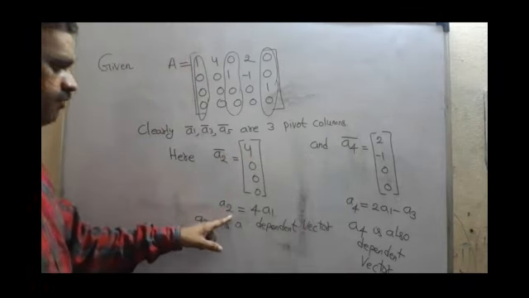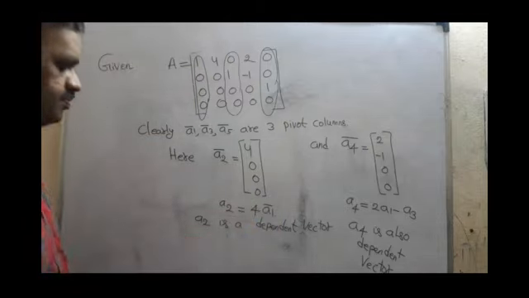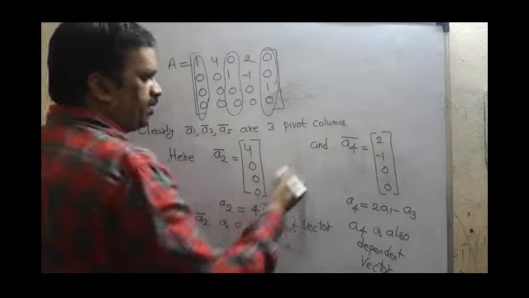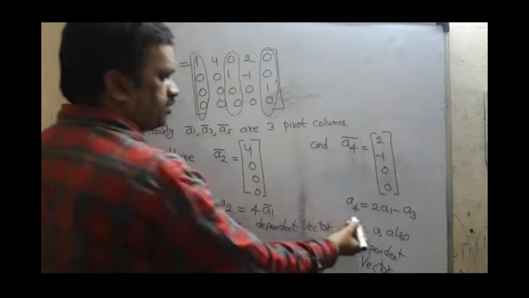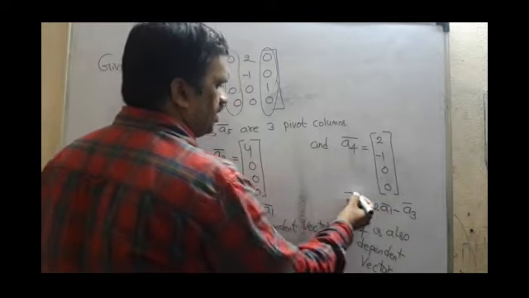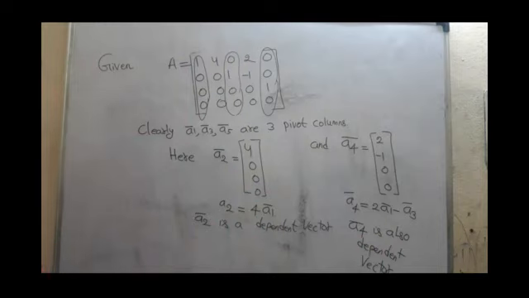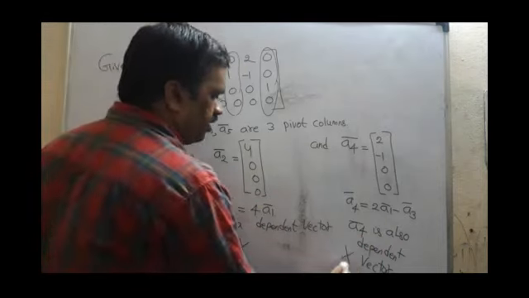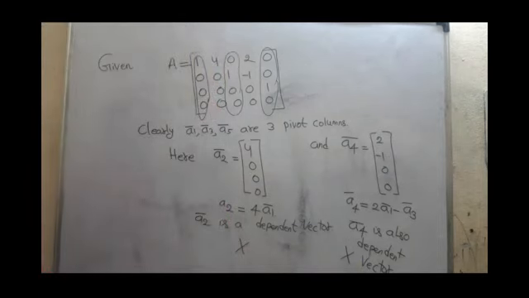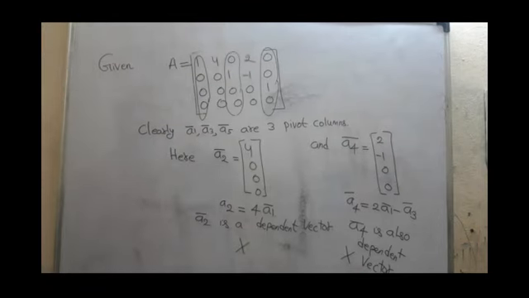A2 bar I can write as 4 times A1 bar, so A2 is a dependent vector, and A4 bar is 2 -1 0 0, so I can write A4 as 2A1 bar minus A3 bar, so A4 bar is also a dependent vector. I can discard them by using spanning theorem. Therefore, the remaining vectors will span H.